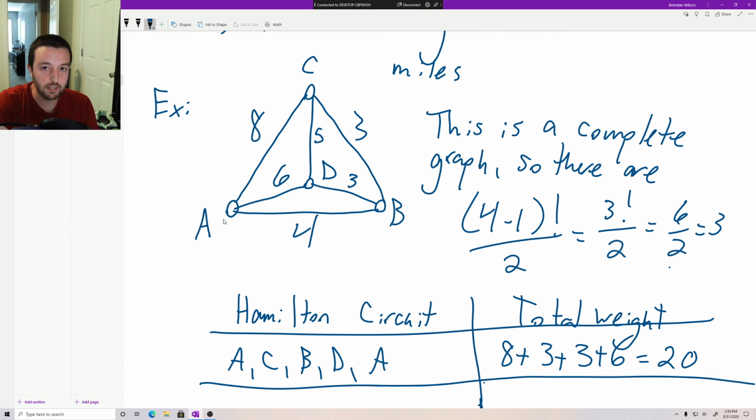We don't want to do one that's backwards or the same thing. Let's do A, C, D, B, A. That would be different, right?